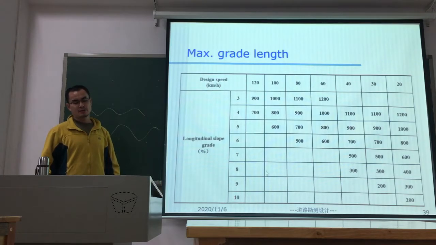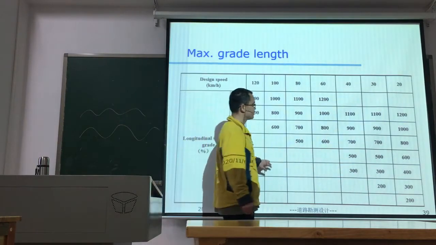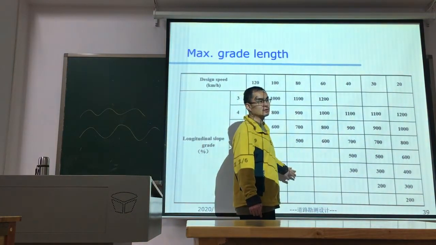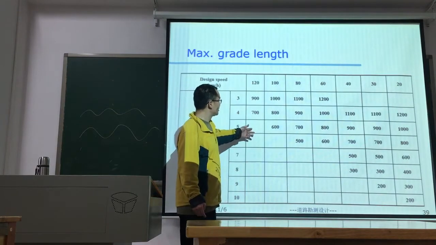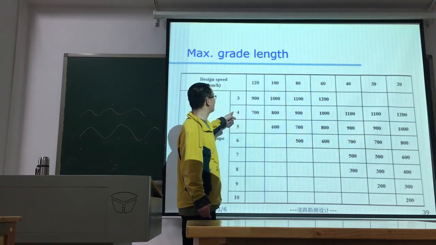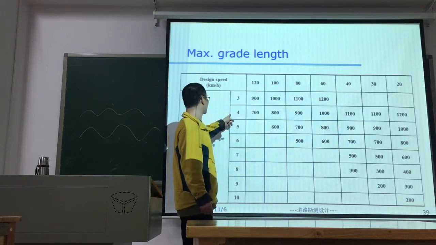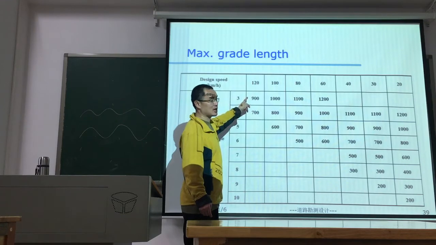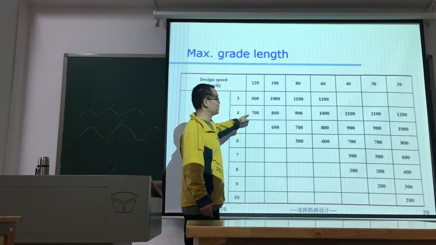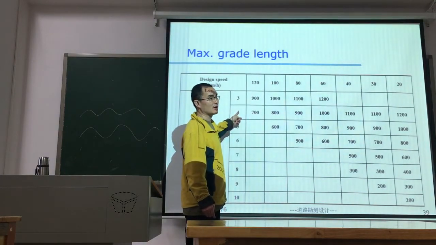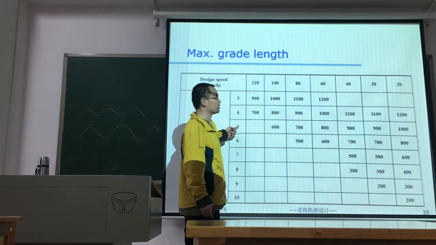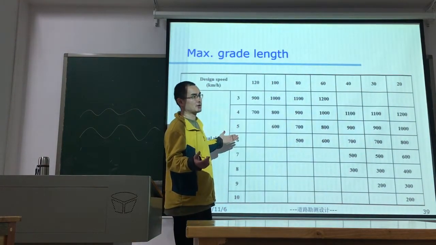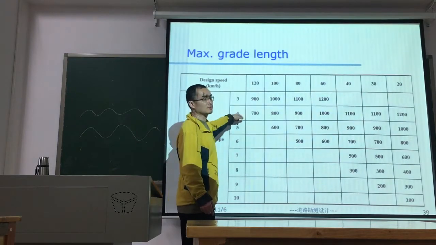Why does this zone have no value? Because the maximum longitudinal slope for the design speed of 120 kilometers per hour should not be more than 4%. 5% is too big, so the maximum is 4%.